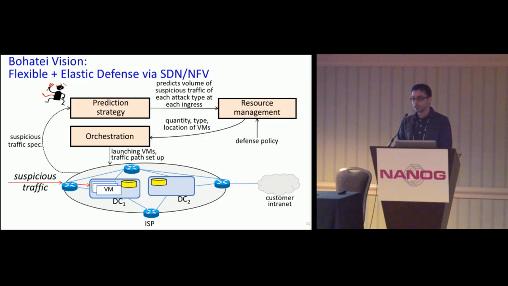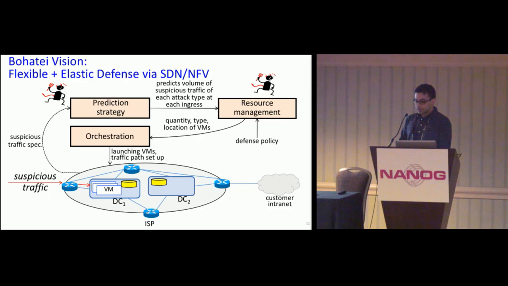Here, remember that we wanted to estimate the attack scenario: the type, the volume, and the ingress point of attack. If I'm an intelligent attacker and I know how you estimate the attack scenario, I can come up with the complete opposite of what you have decided, so that whatever you've done is going to be ineffective, by changing the volume and the ingress point and the type of attack. So how do we deal with that?